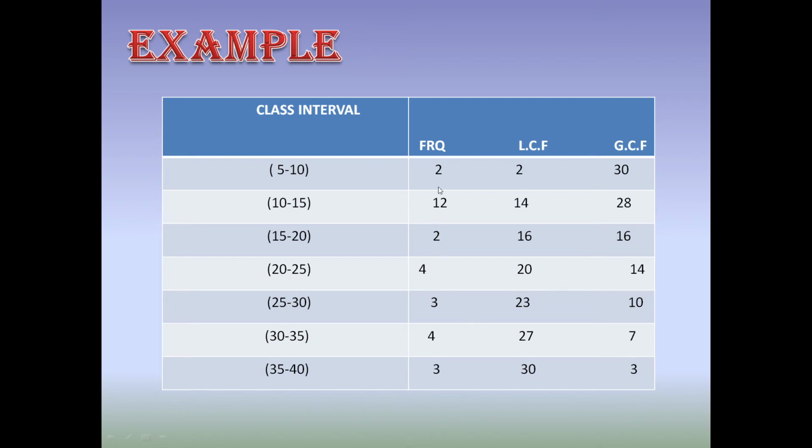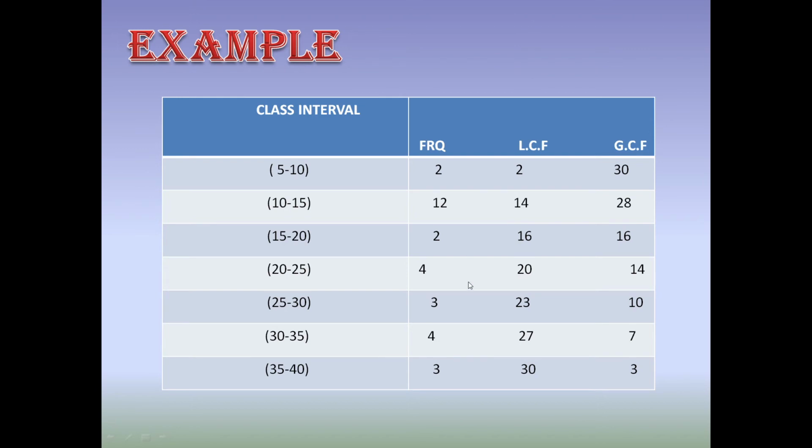Sorry, 30 minus 2, this value we can subtract, not this one. The frequency we can subtract. 30 minus 2 is 28. 28 minus 12 is 16. 16 minus 2 is 14. 14 minus 4 is 10. 10 minus 3 is 7. 7 minus 4 is 3. This is important.